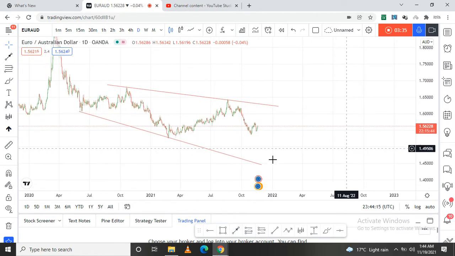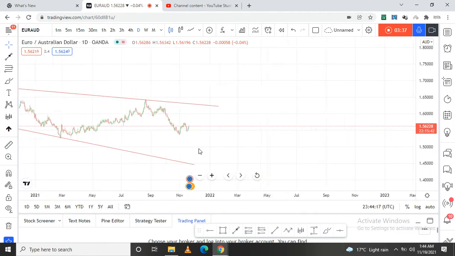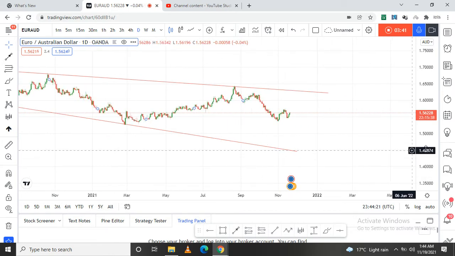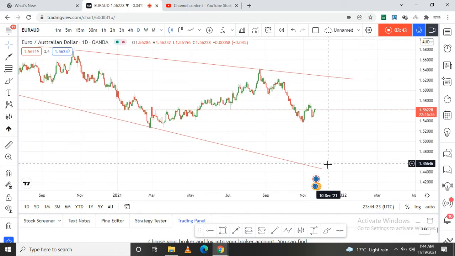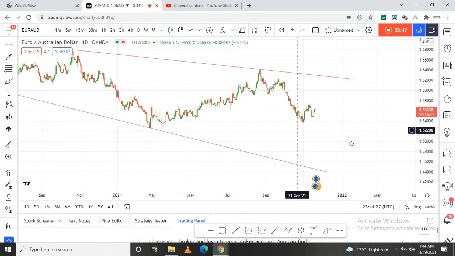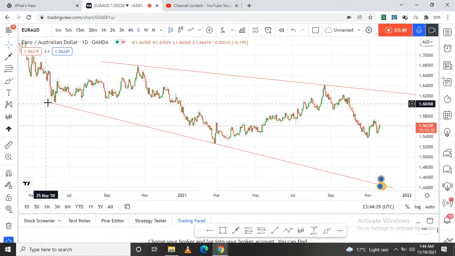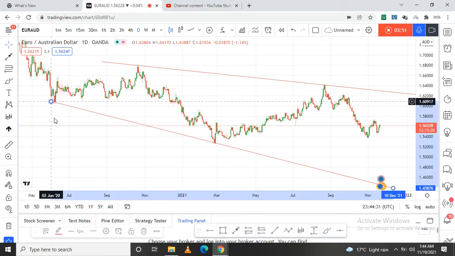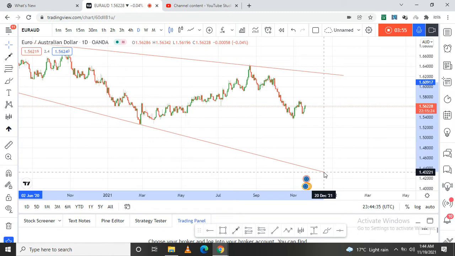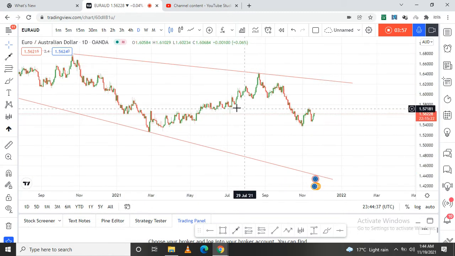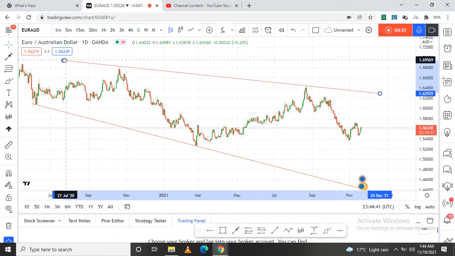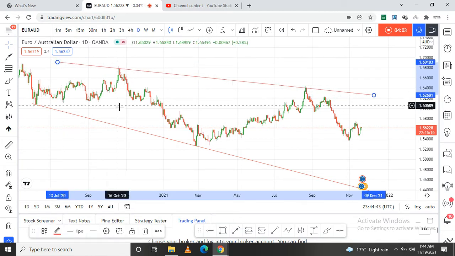So we have to zoom in to see more clearly. You have to adjust also your touches so that everything becomes accurate. You can see.